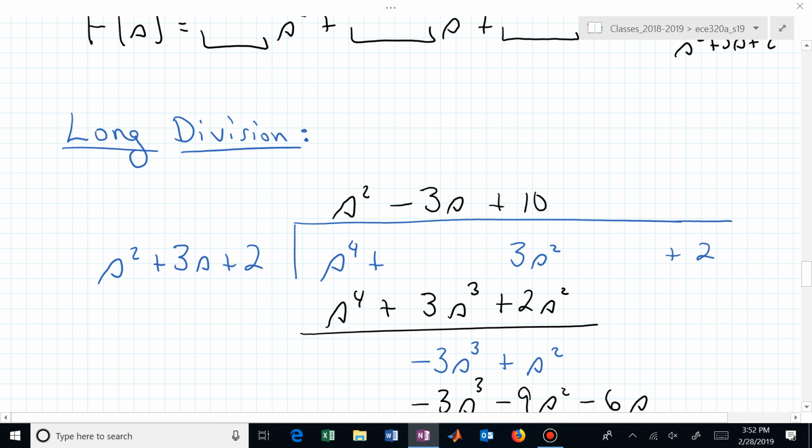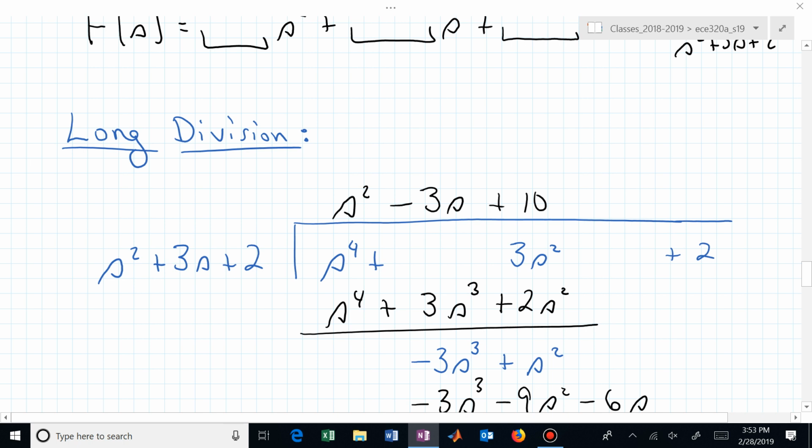For the first one, I have this polynomial that I now need to subtract from the original numerator, and I subtract 3s cubed from nothing, and that gives me minus 3s cubed. Then I subtract 2s squared from 3s squared, and that leaves me with just an s squared.